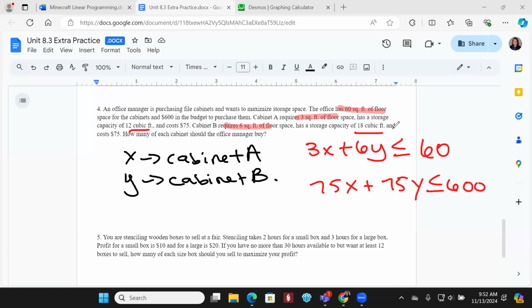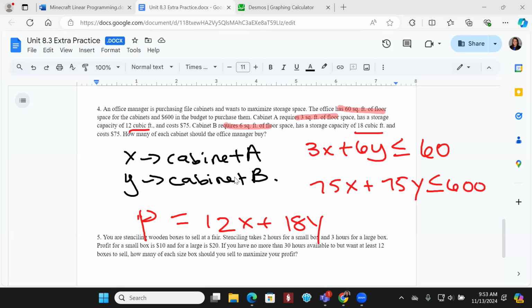So they're wanting to maximize what? They're trying to maximize what? Okay, so our profit function is going to be about storage. You're trying to get the most storage.